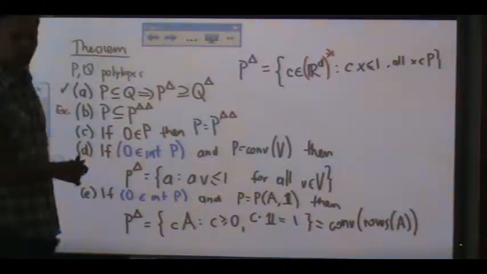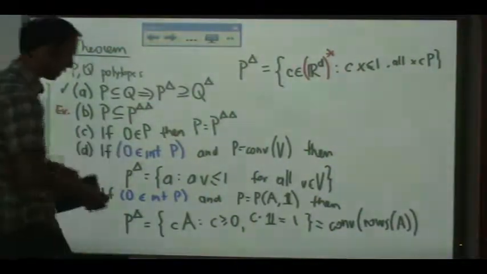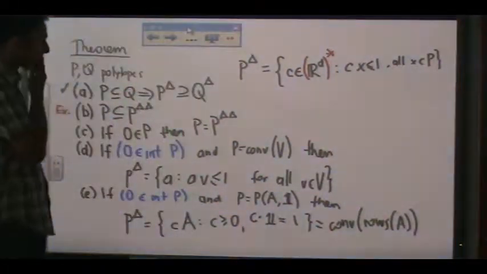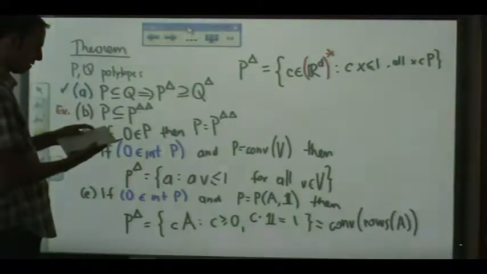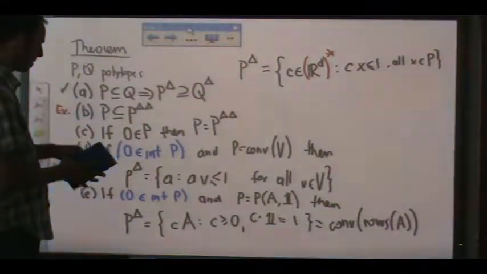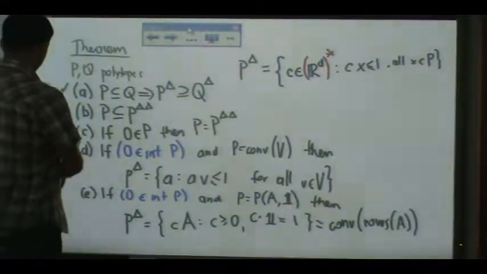So that's the theorem. That's the main goal that I have for today, is to prove this theorem. And I think maybe before we continue, let's just make this very concrete in this example.